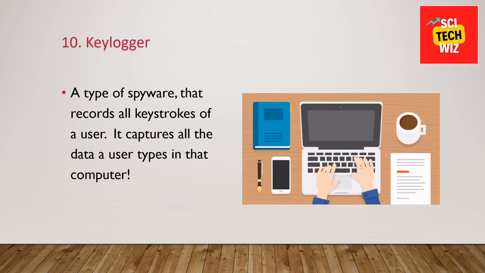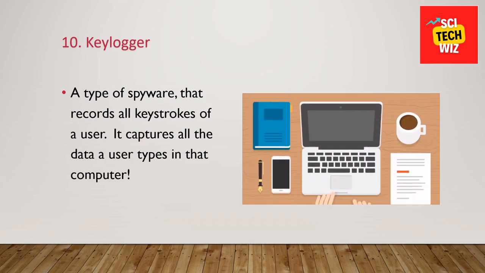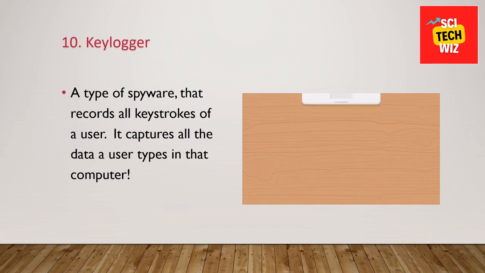Keyloggers are often used with malicious intent to capture sensitive information such as passwords, credit card details, or other personal data. Whenever we are entering data, it silently captures everything and passes the information to the hacker.